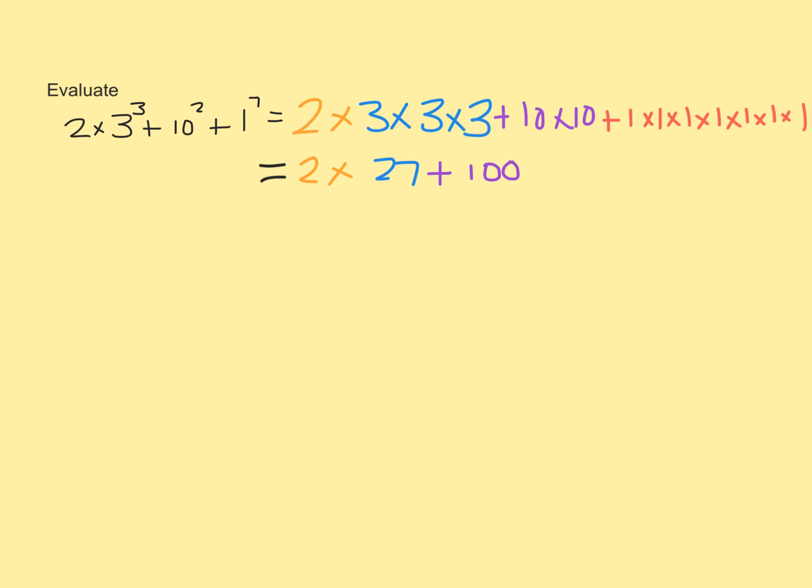And then we've got to add in this lot over here. So what is 1 times 1 times 1 times 1 times 1, 7 times? Well, it is simply 1. Next thing we need to do is 2 by 27 is 54, plus 101 equals 155.